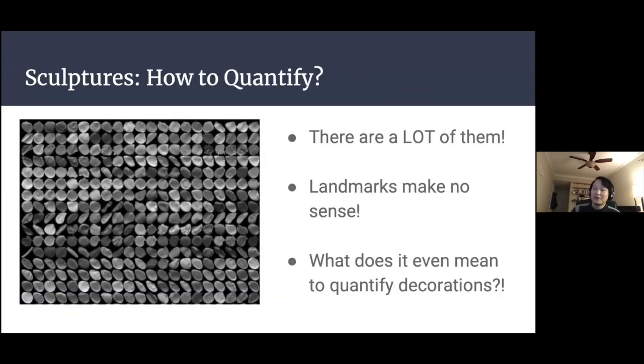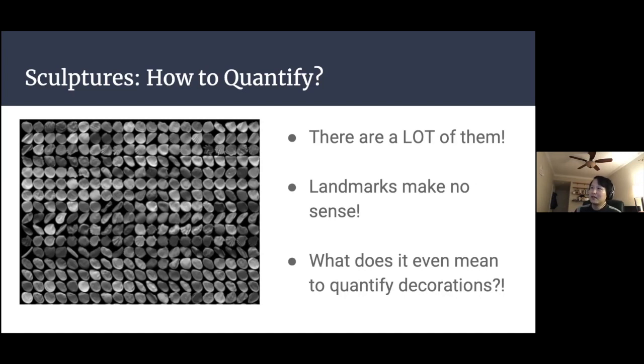But for sculptures, that really poses a major challenge to us. The landmark-based approach is not going to work here because the real information is hidden in the periodic patterns of this sculpture. But there's no known approach that can put the landmarks in a consistent fashion which captures the varying degrees of sculpture across all the specimens.